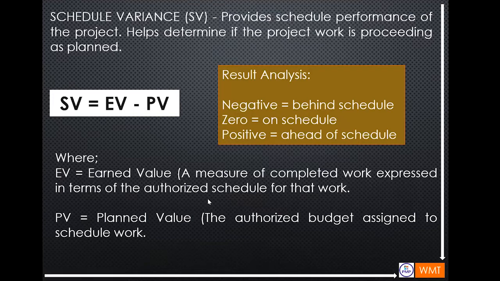Earned value is a measure of completed work expressed in terms of authorized schedule for that work. And the planned value is the authorized budget assigned to the scheduled work. If the result of this equation is negative, it means behind schedule. If 0, it is on schedule, and positive is ahead of schedule.